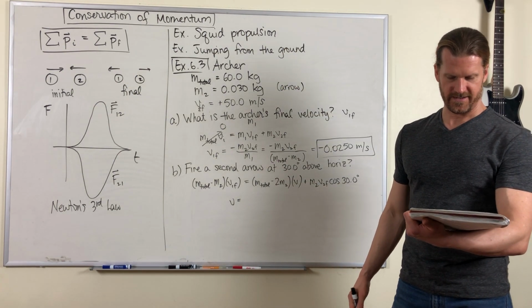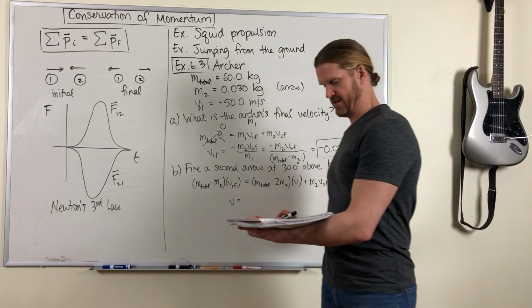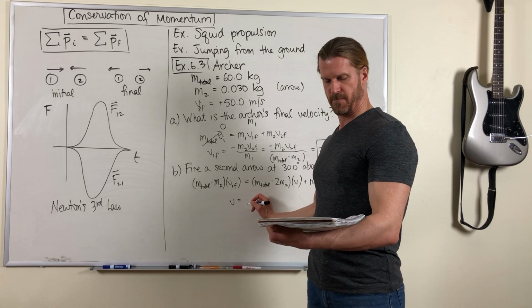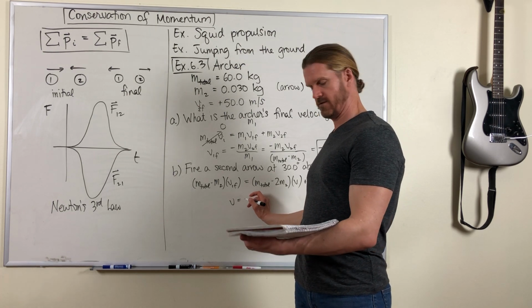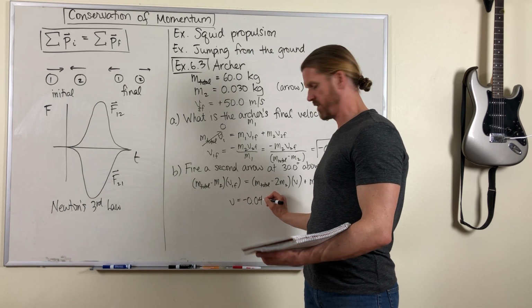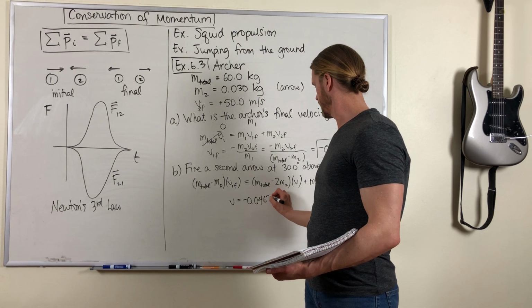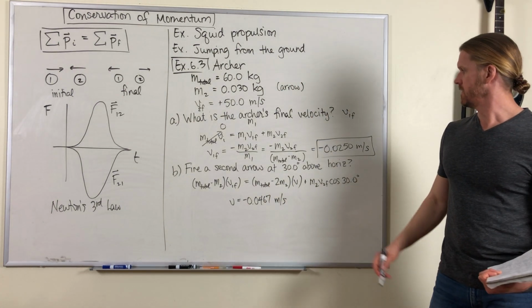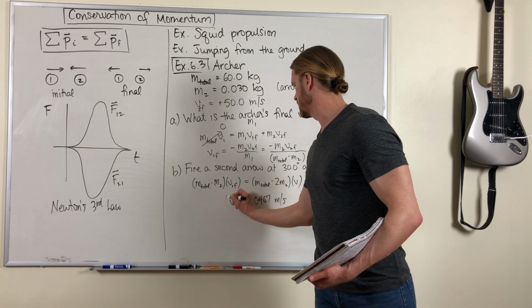You can go ahead and try to solve that algebra, and you'll find that this final recoil of the archer is now 0.467 meters per second.